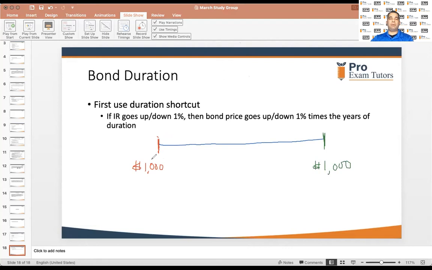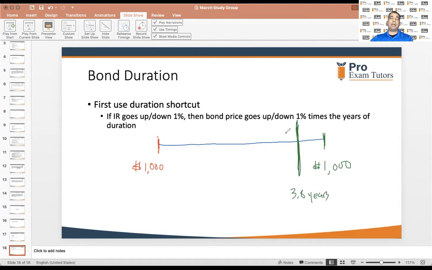I put 1,000 into this bond. I know it's coming back, so let's not worry about risk. I'm definitely getting $1,000 back in 5 years. But if you did a calculation, you'll find the bond duration is going to be something like 3.8 years.